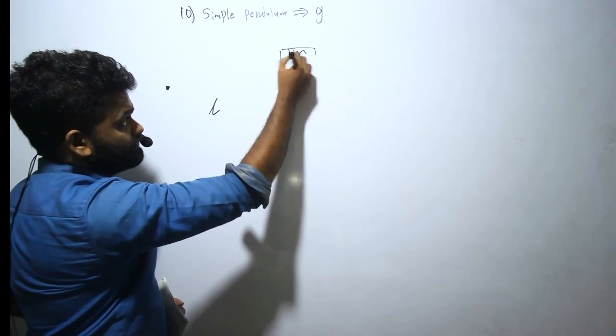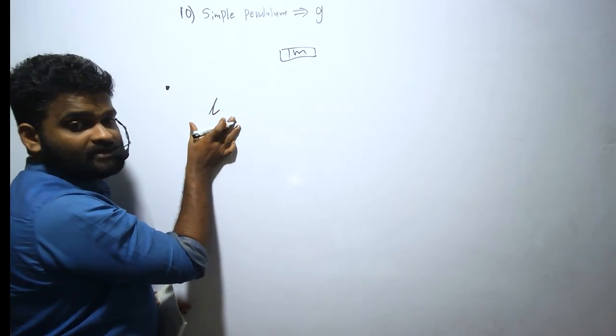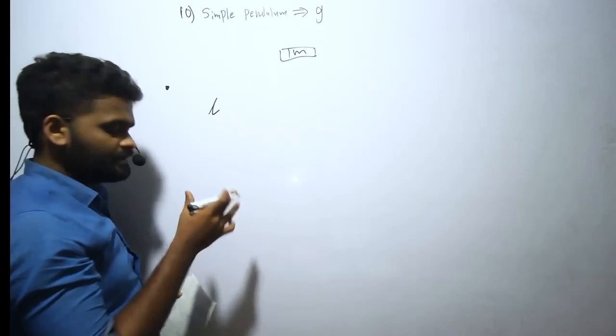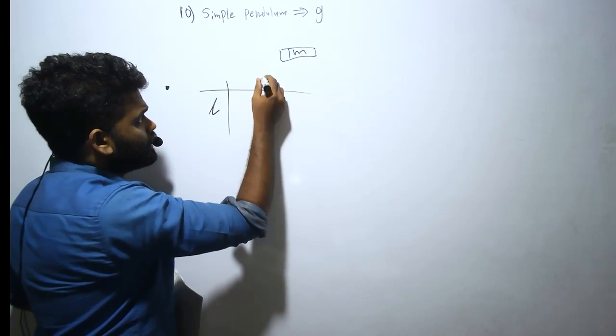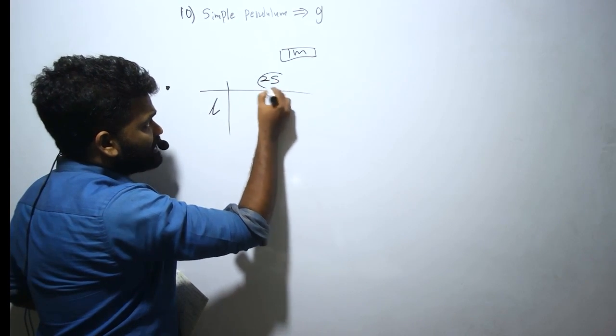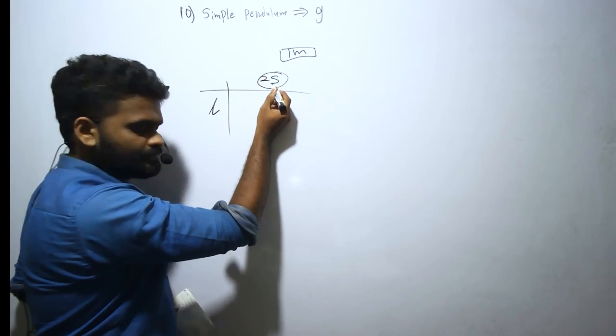These are not exact values, just let's say. So you have the pendulum with a 1 meter length, and I'll put simple L. You have to measure the time for 25 oscillations.